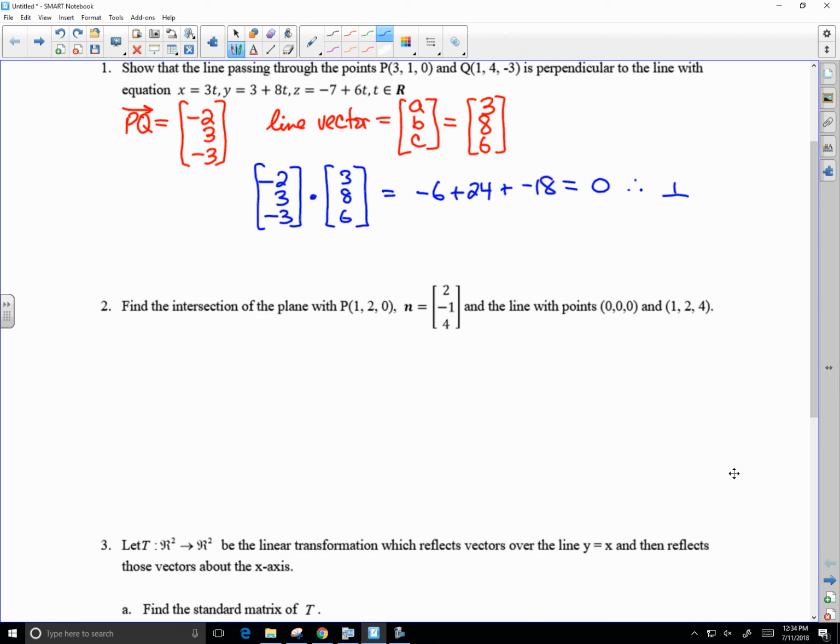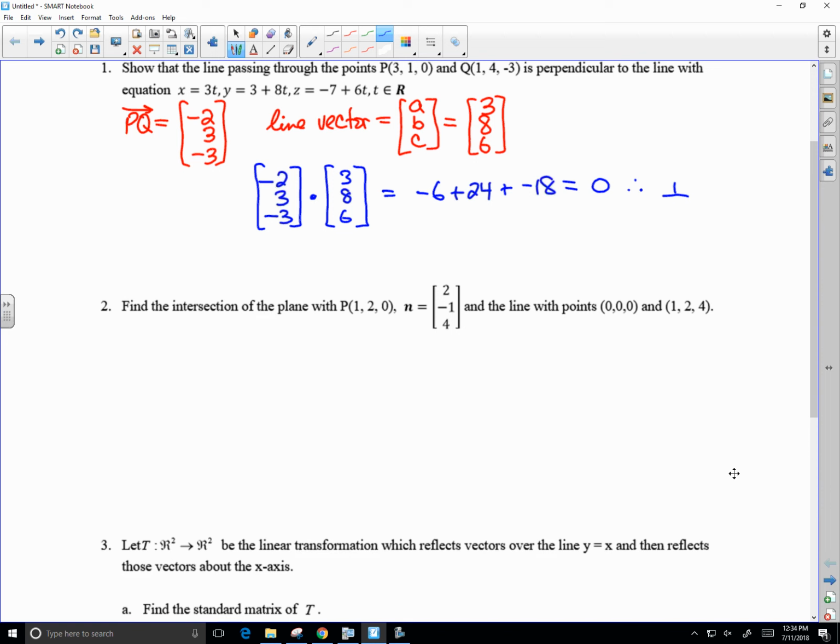Number 2, find the intersection of the plane with the point 1, 2, 0 and the normal vector 2, -1, 4, and the line with the points 0, 0, 0 and 1, 2, 4.